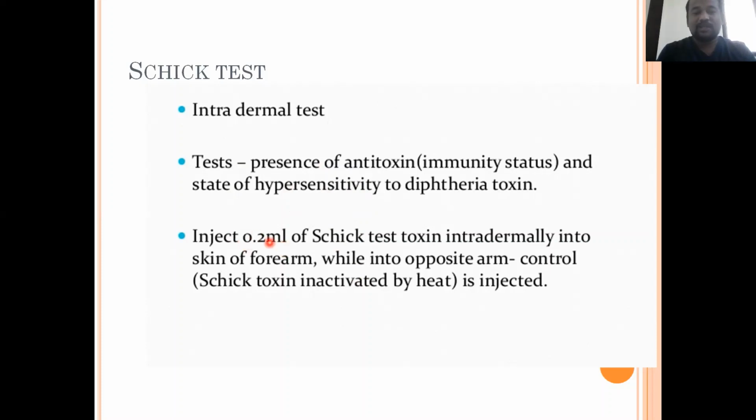0.2 ml of toxin as well as inactivated toxin, of test and control, are injected in the left and right arm. For example, the test can be injected in one arm and the control in the other arm. This test will find the antitoxin or immune status and also the state of hypersensitivity to diphtheria toxin.